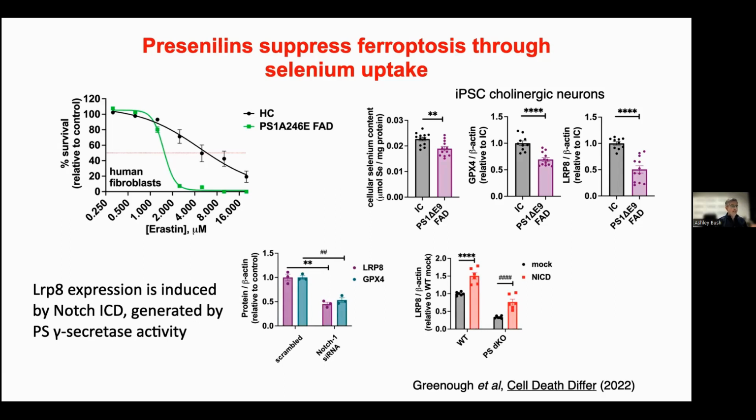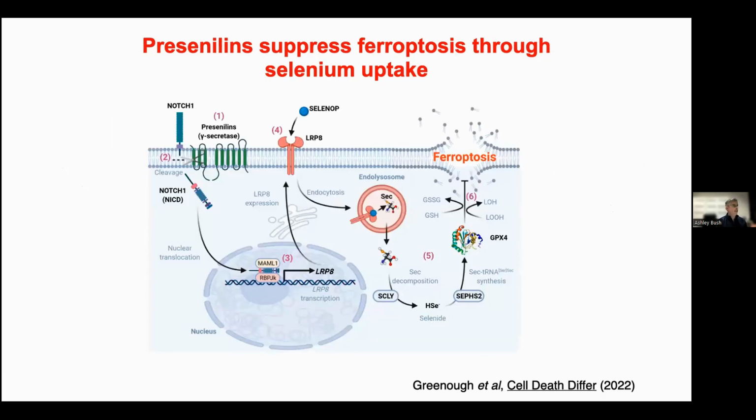So to put this all together, we believe that presenilin is acting at the level of Notch in order to influence ferroptosis, and that the pathway looks like this. To begin with, presenilins cleave Notch to generate the Notch intracellular domain, which is a transcription factor that promotes the production of LRP8.